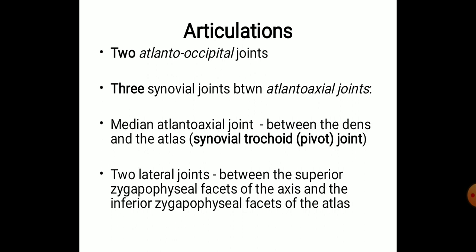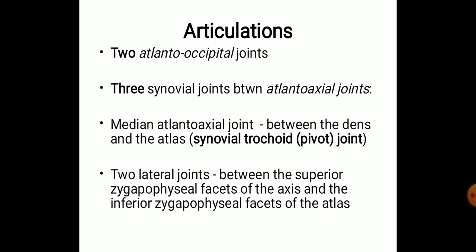In the atlanto-axial joint, we have three articulations, and between the atlas and the occiput, we have two joints, that means two condylar joints, right and left. Between atlas and axis, we have three.